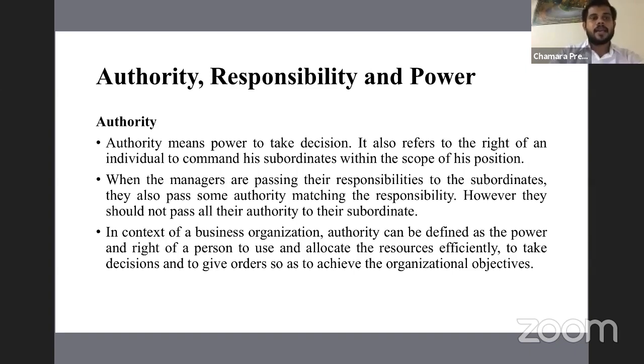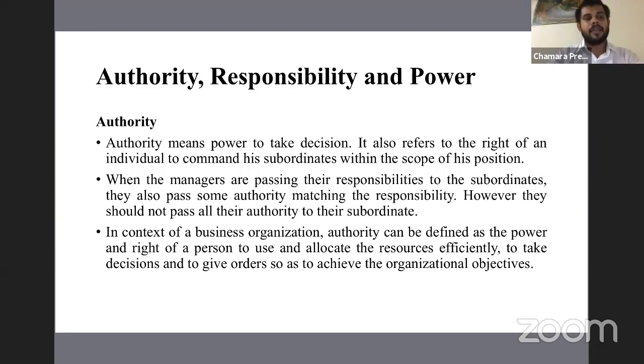When managers pass their responsibilities to subordinates, they also pass some authority matching the responsibility. However, they should not pass all their authority to their subordinates.